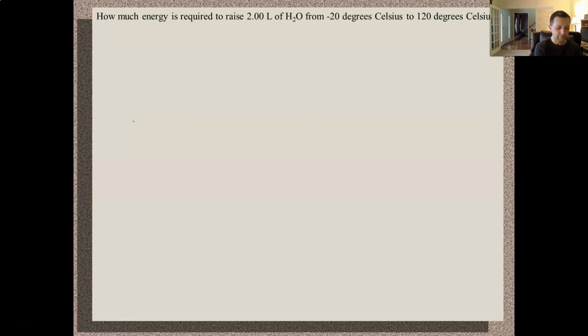The first step of this process, I'm going to label step 1. I need to heat up my substance from negative 20 degrees all the way to 0 degrees. Because once I hit 0 degrees, I'm at a phase change point, okay?